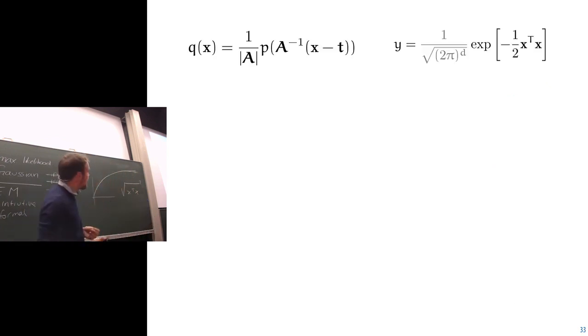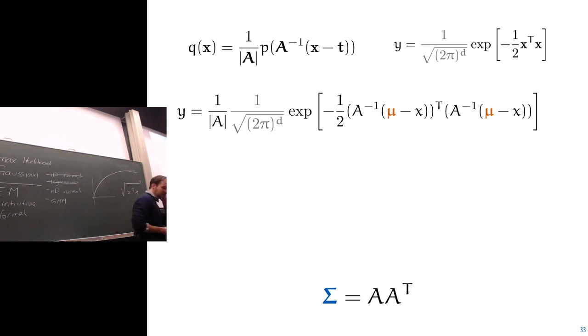So if we combine these two facts, this is the transformation, and this is our definition for the standard normal Gaussian, we can apply this trick to this function. Oh, animations are off again. So here we divide by the determinant of A, and here we apply the inverse of A to x minus mu.